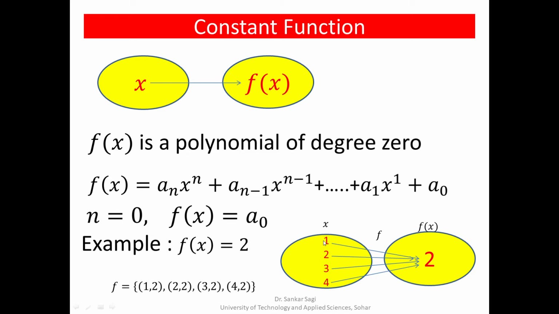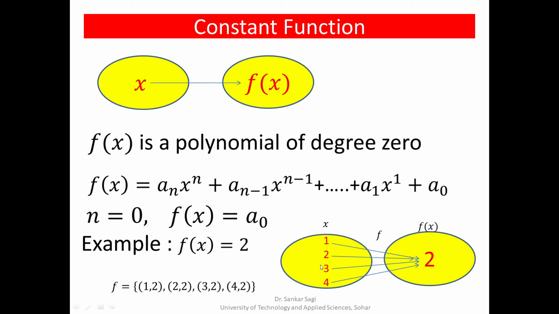So here you can look at this diagram. If I take x values 1, 2, 3, 4, these are the values in the domain, and then the images. If we put x equal to 1, the image is 2, and if we put x equal to 2, again the image is 2, because the image is fixed, it is a constant, always 2.